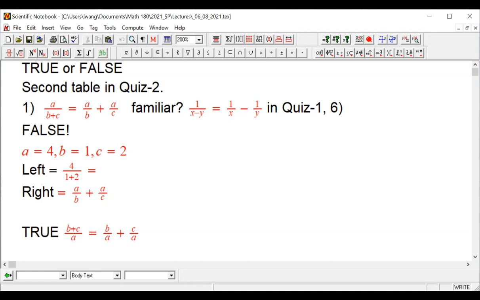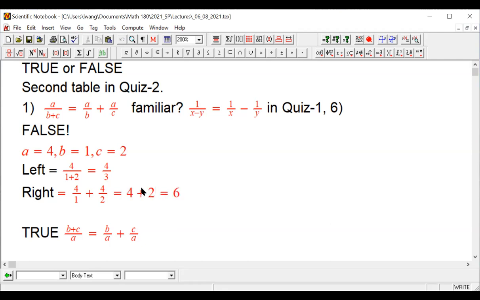So by order of operation, the left side is 4/3, right? And the right-hand side, with A equals 4, B equals 1, A equals 4, C equals 2, I got 4 plus 2.